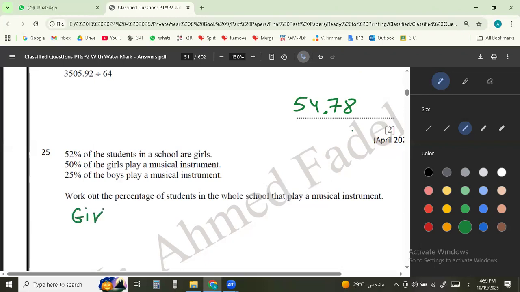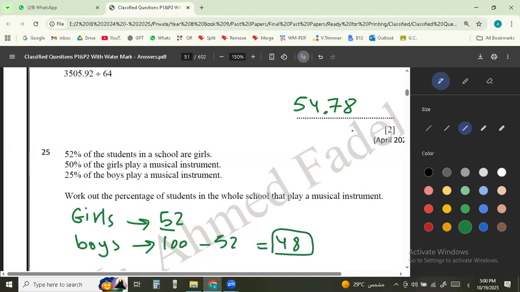Let's assume the school is 100, because they're telling you 52 out of 100. Then the boys are the rest: 100 minus 52, which is 48. So girls are 52 out of 100 and boys are 48 out of 100.